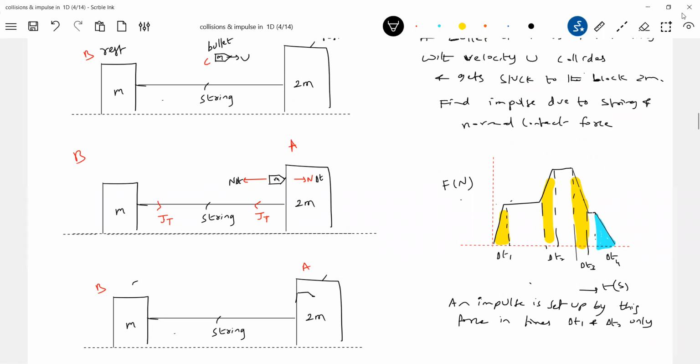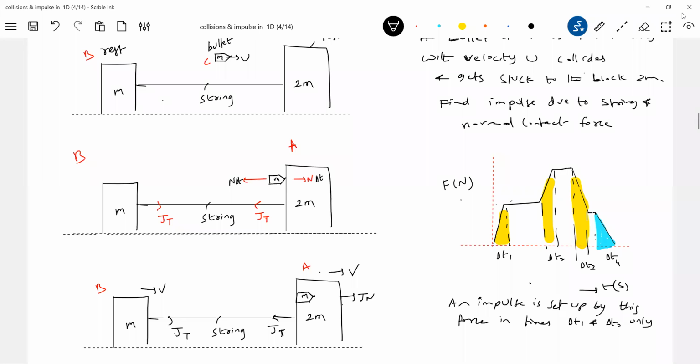The bullet is inside this block, so the impulse is acting on it, and because of the impulse, this will be Jn, this will be Jt, this will be Jt. So this will acquire a speed, say v. This will also acquire a speed. Why? They must have the same speed. They are connected by a string. The displacement of block A should be equal to the displacement of block B for the string to be taut.